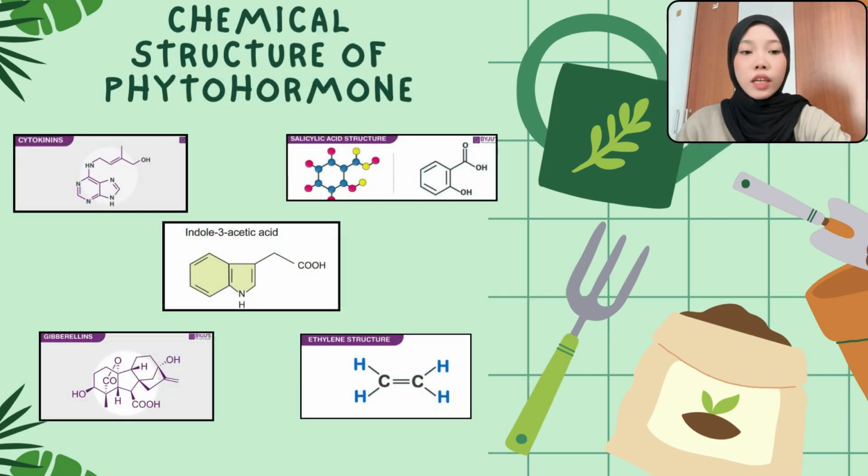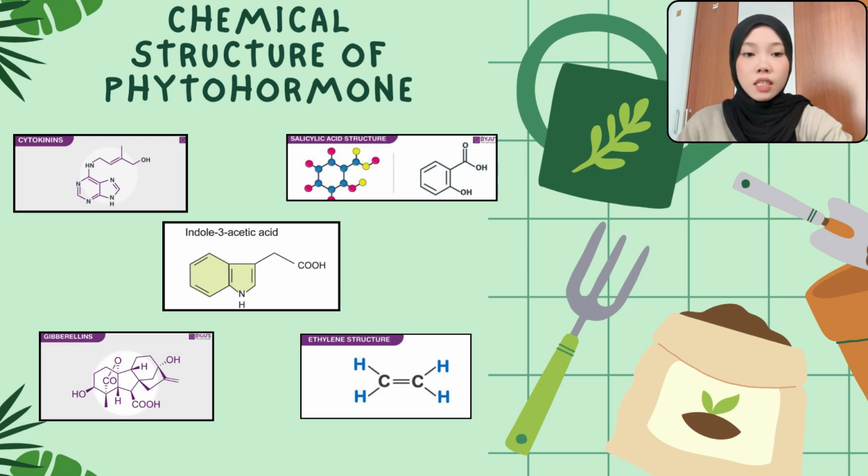Now, let's look at the chemical structure of several important phytohormones. Their structures are key because they determine how each hormone functions inside the plant. First, we have cytokinins. This hormone promotes cell division and delays aging in plant tissue. Their structure typically contains nitrogen atoms, which help them interact with specific plant receptors.